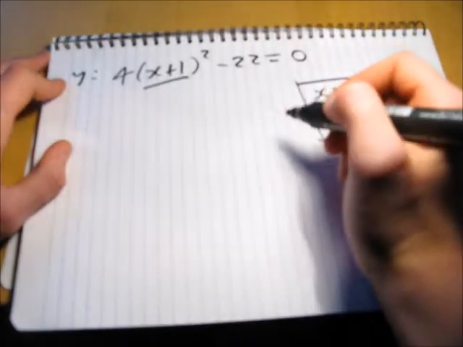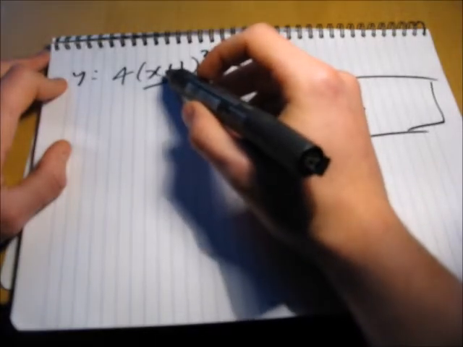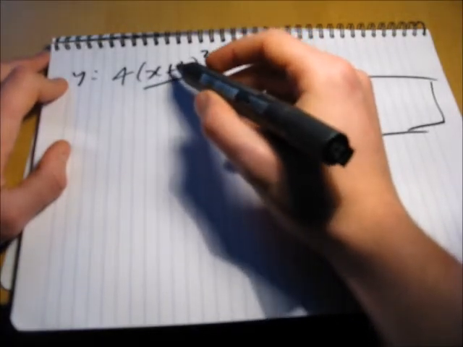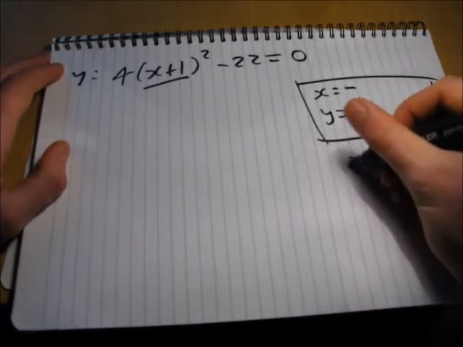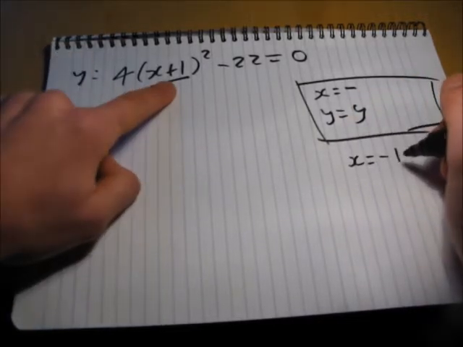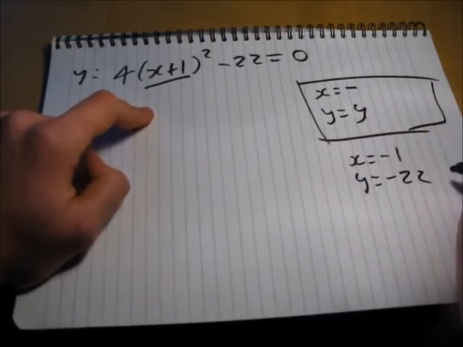So for this instance, the minimum point will be when it's the minus of what's in the bracket, it's the negative of the 1. So in this instance, the minimum point will be x equals minus 1. So yes, plus 1 here, so it's going to be minus 1, and then y equals minus 22.